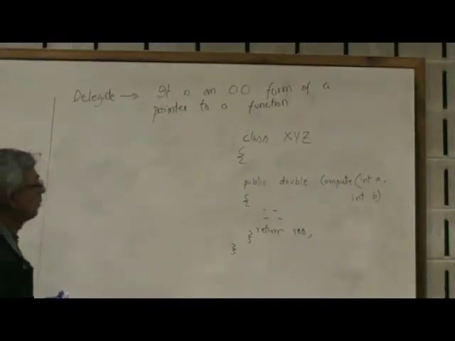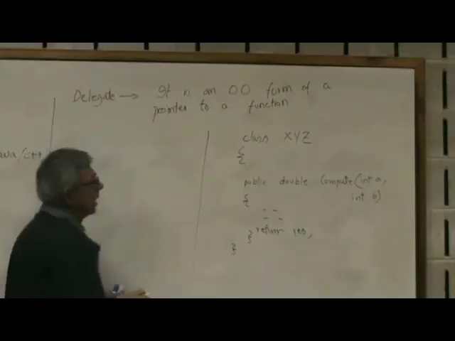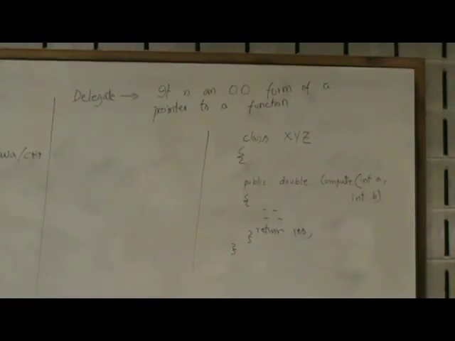Once you've written a class, if we wanted to point to this function, this is where the delegate comes into play. First of all, a delegate is a type, just like a class is a type, right?